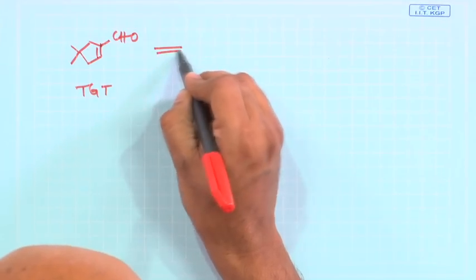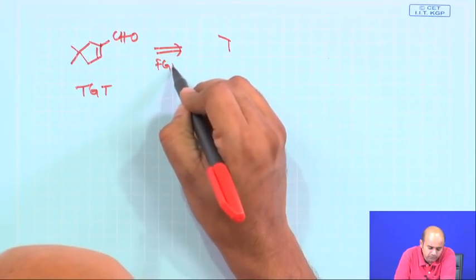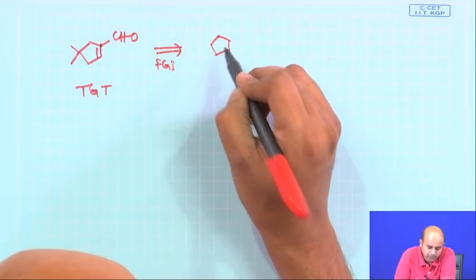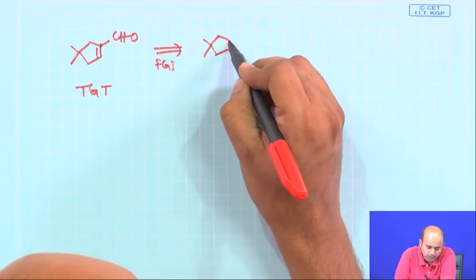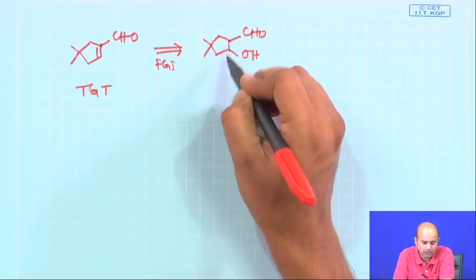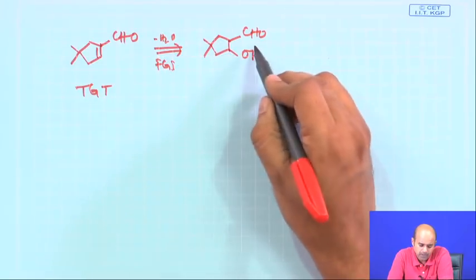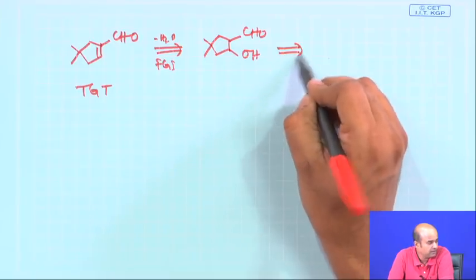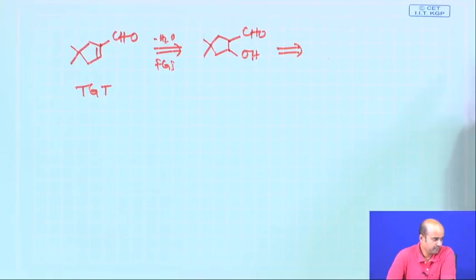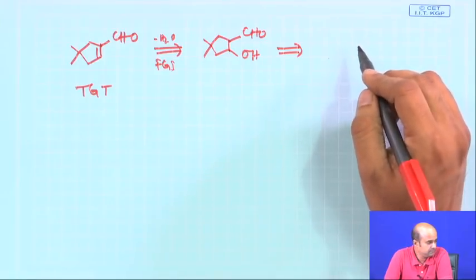We will do the retro. We will do an FGI based retro. The starting material I am not disclosing right now. We say this compound can be simply made by 1,2 elimination of a water molecule. So, if you have a hydroxyaldehyde, you can easily make it. Okay. That was the main idea.